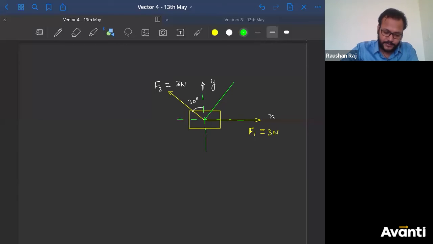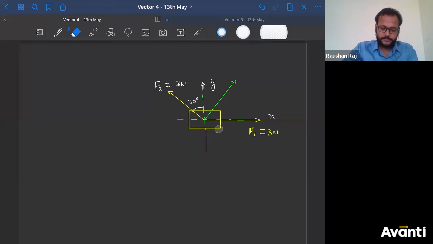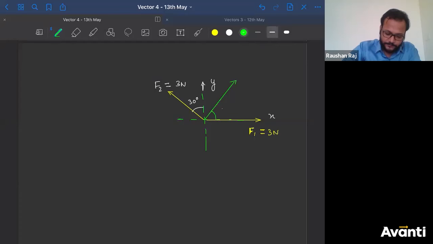somewhere here? It will be like this, and the angle made by, if I erase this block here, मैं block को erase करता हूँ, so this will be what? Angle 60 degree. This is the resultant vector of A and B, the resultant vector of these two, F1 and F2. In which direction should I apply the third vector?